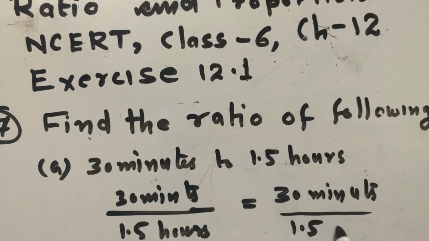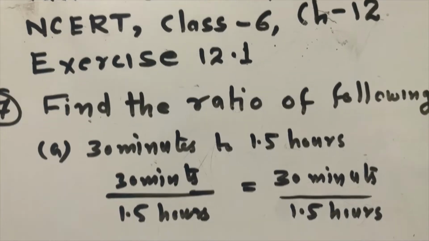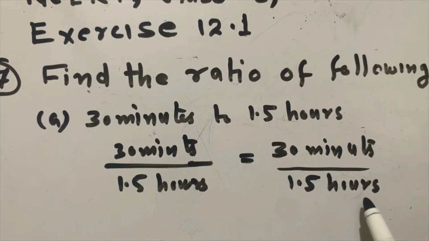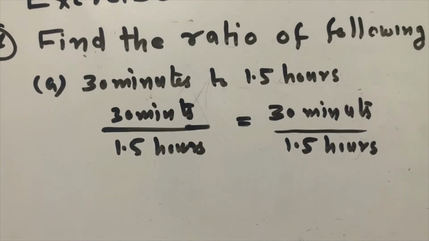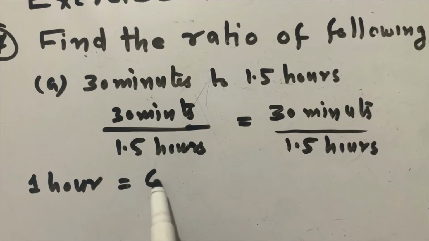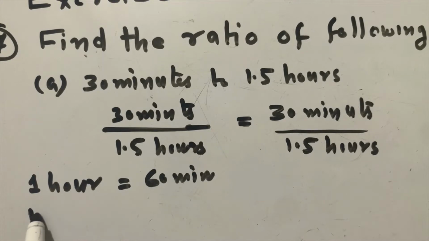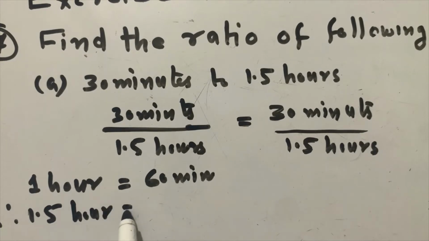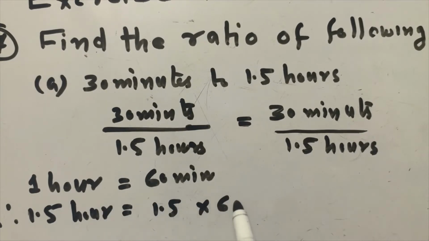30 minutes upon 1.5 hours. Now this hours should be converted into minutes. Now 1 hour is equal to 60 minutes. Therefore 1.5 hours is equal to how many minutes? 1.5 hours into 60 minutes.